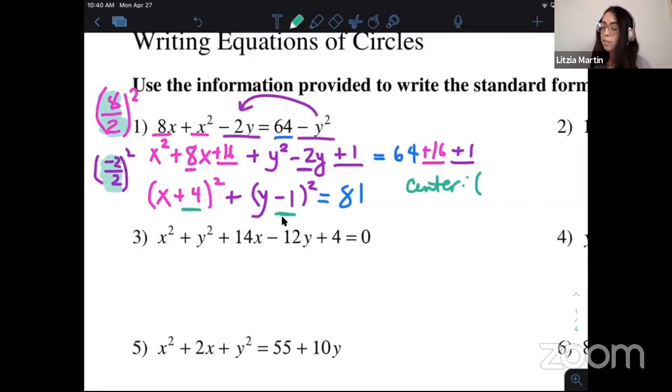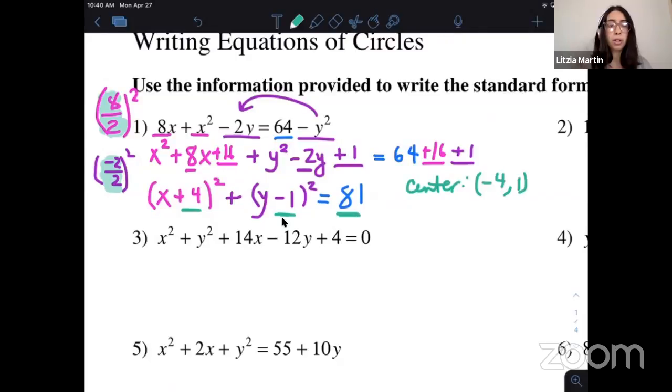So it's going to be negative 4, comma 1. And then the radius comes from square rooting the number that you have on the end. So the radius will be equal to 9. R is equal to 9. So from that standard form, we can then, of course, graph this if we wanted to. We don't need to, but there's the information in case we did.